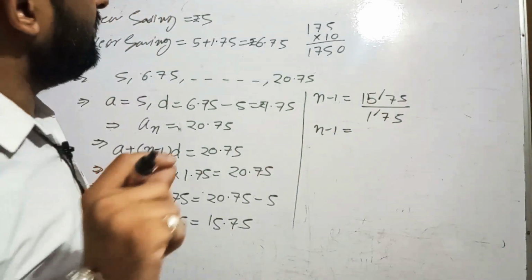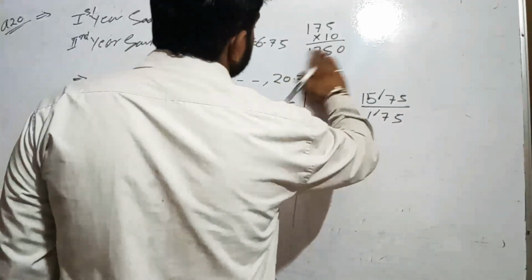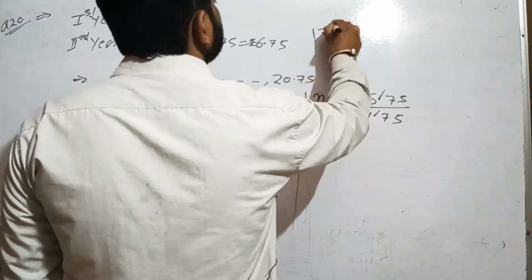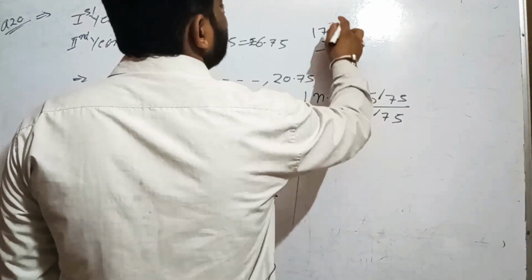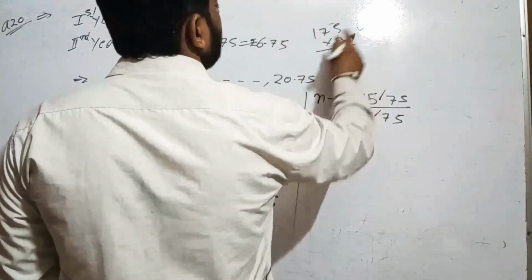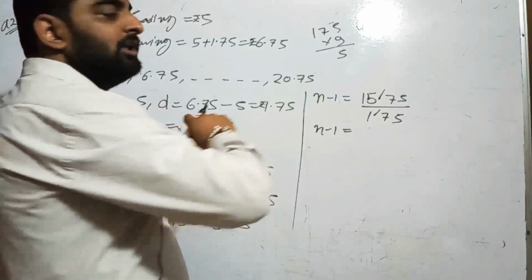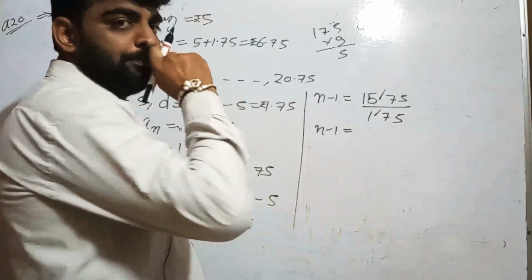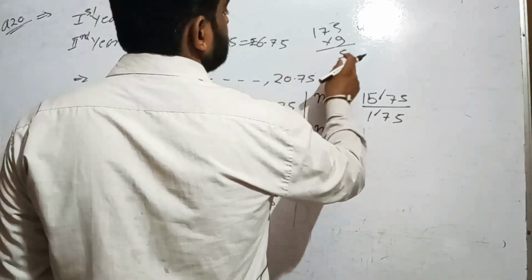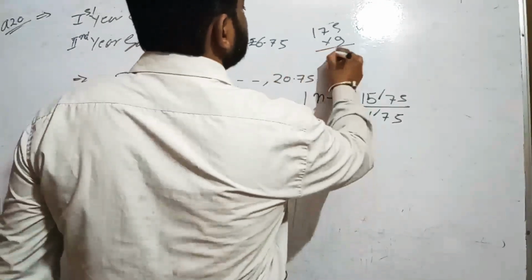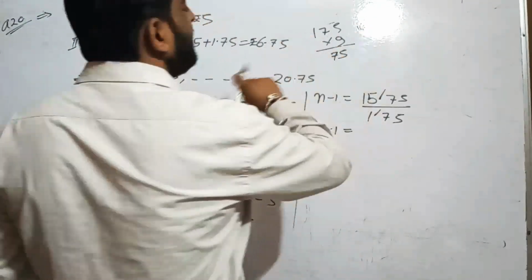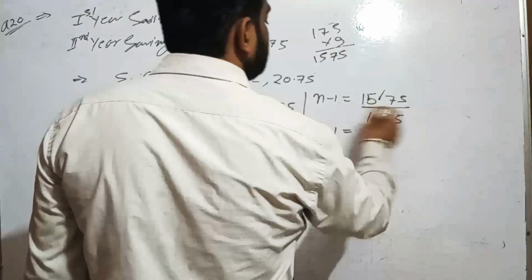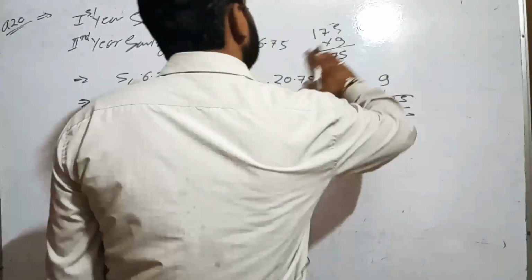1575 is less than 1750, so we have to multiply by 9 also. 9 5s are 45, 9 7s are 63 plus 4, 9 ones are 9 plus 6 is 15. So 1575 is matched with the 9, students.